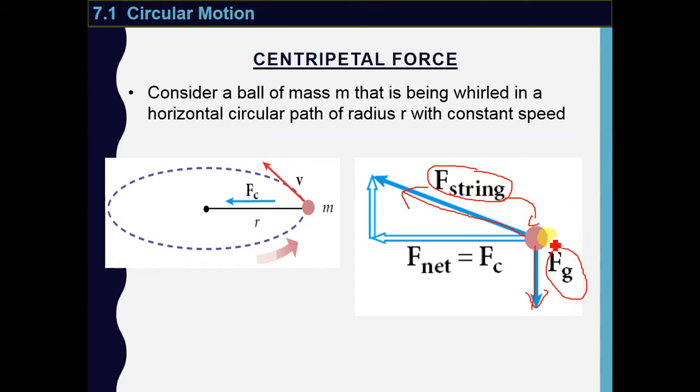If I want to add these two vectors in order to find F net, our objective here, girls, is to find F net, because according to the second law of Newton, F net equals mass times acceleration. So the force that causes the acceleration is F net.